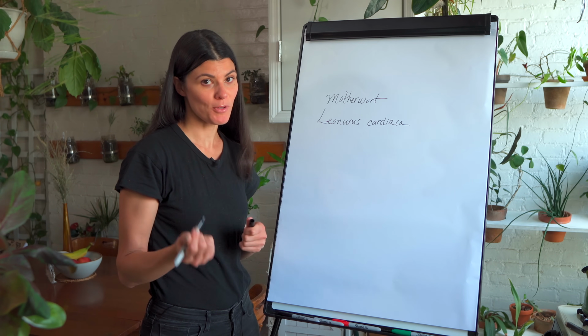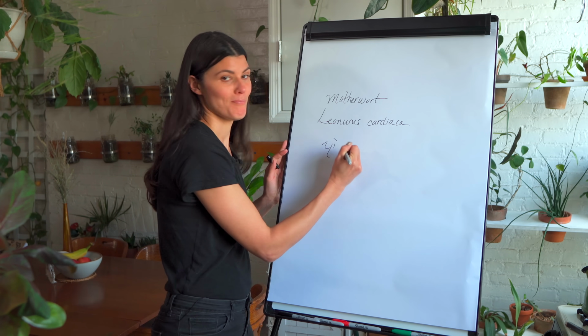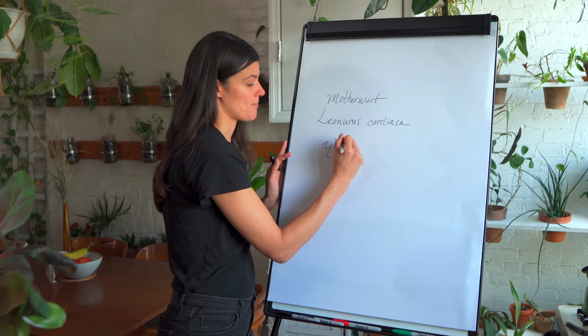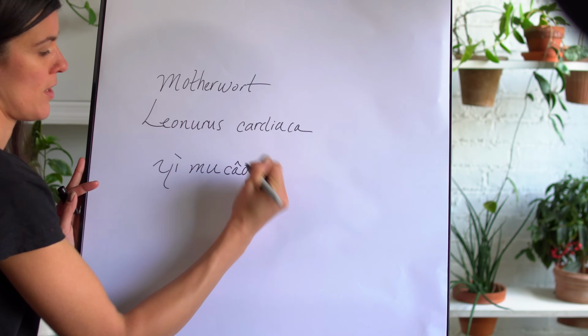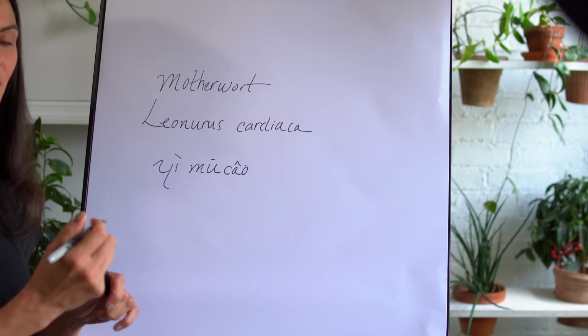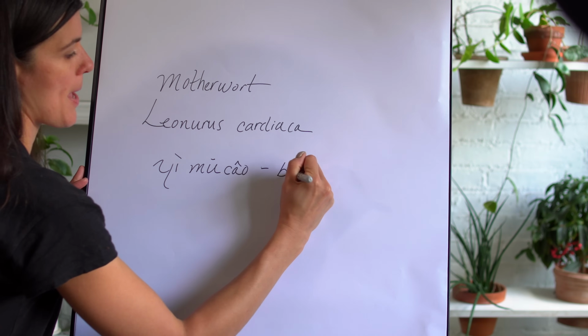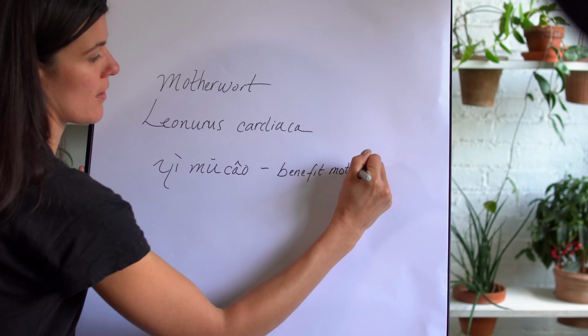Now, in Chinese herbal medicine, it's known as, and I'm going to mince this word, I think there's a little thing, mu dao, and that translates into benefit mother herb.